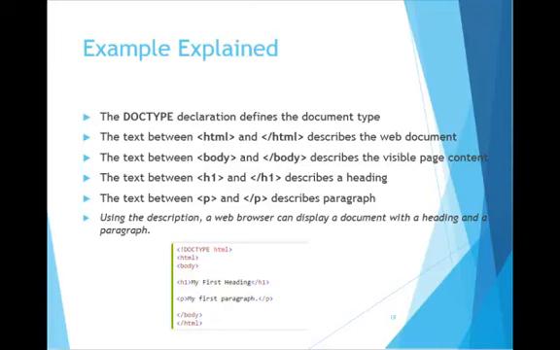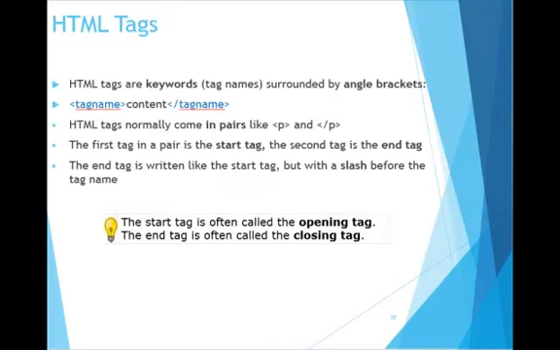The text between the HTML tags describes the web document, the text between the body tags describes the visual page content, and the text between the H1 tags describes a heading, whereas the text between the P tags describes a paragraph. Now, using the description, a web browser can display the document with a heading and a paragraph.